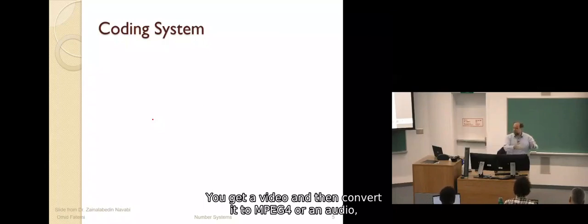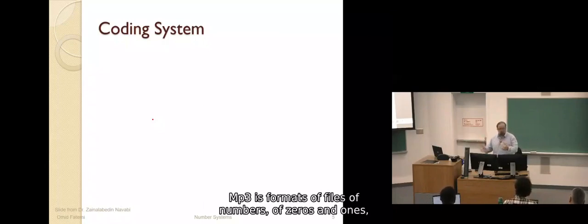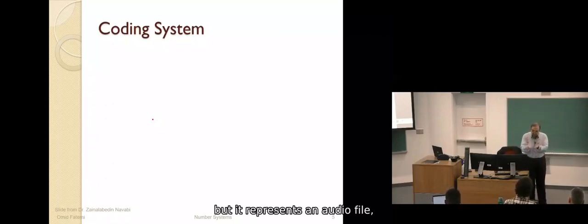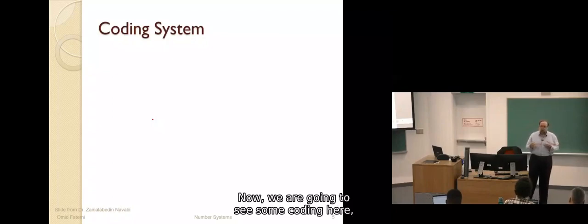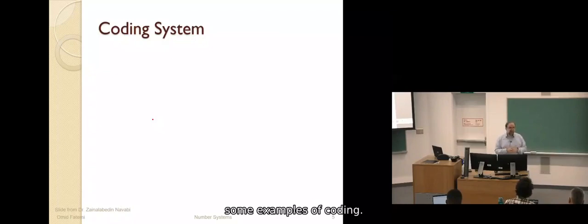Or an audio converted to MP3. MP3 is a format of files of numbers of 0s and 1s, but it represents an audio, a voice. So this is coding. Now we are going to see some examples of coding.